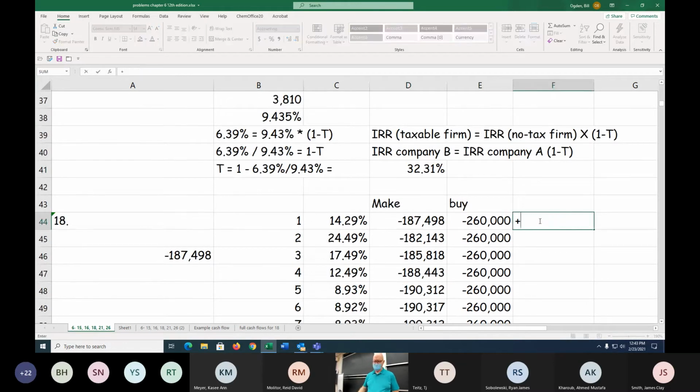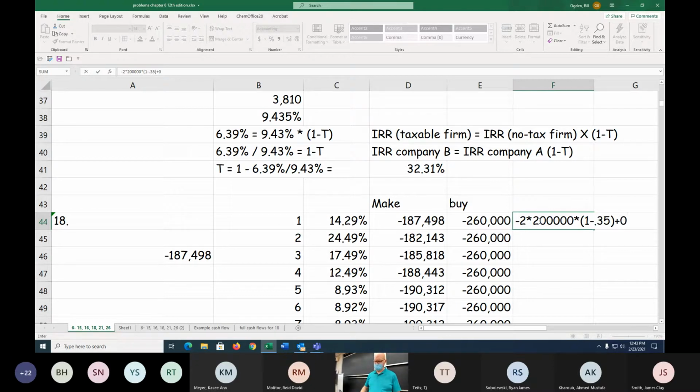The 260, that was minus $2 per lb times 200,000. See if I can get it right this time. Times 1 minus 0.35. Okay, then plus T times depreciation.